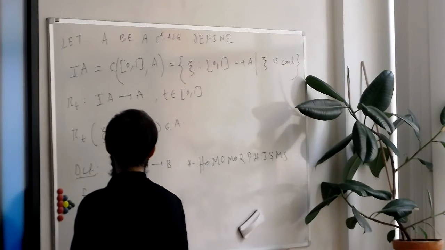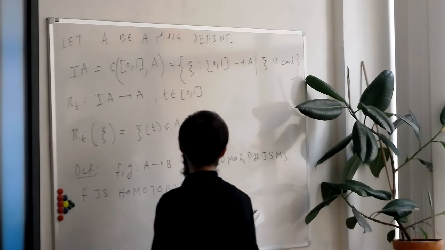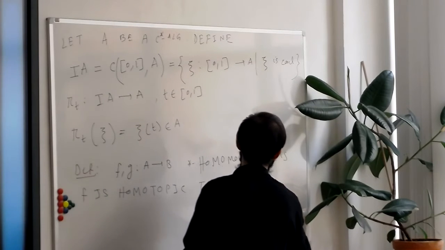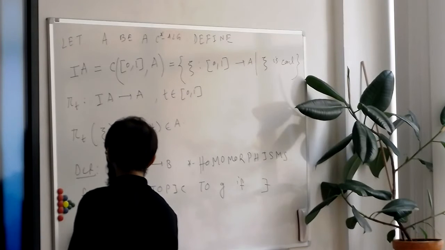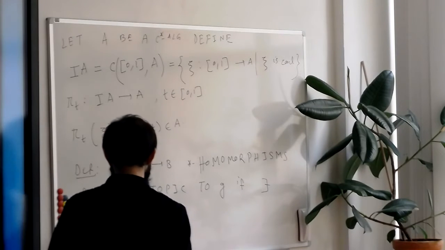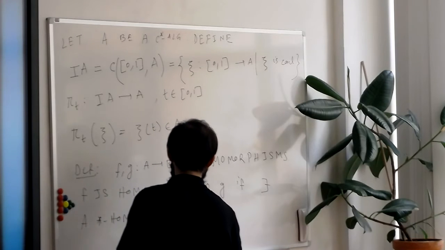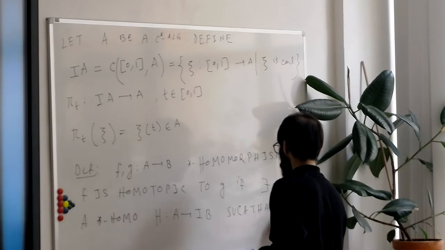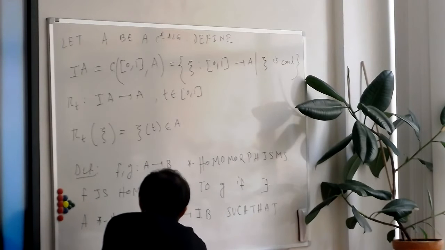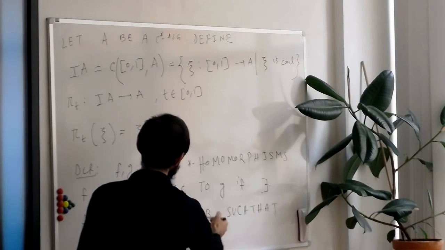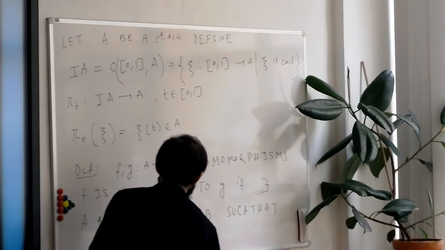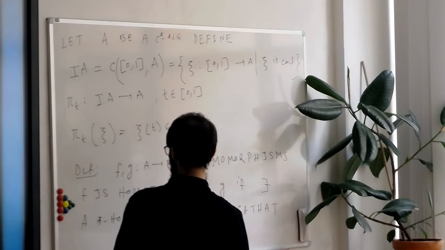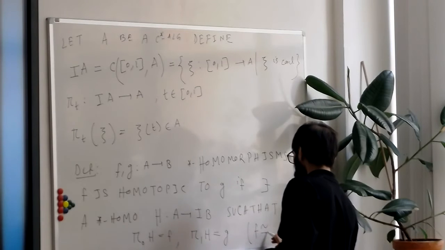F is homotopic to G if there exists a star homomorphism H from A to the cylinder of B such that if we go through H first and then apply evaluation at 0, pi_0, you get F. You go through H again and apply evaluation at 1, you get G. And if F and G are homotopic, same.